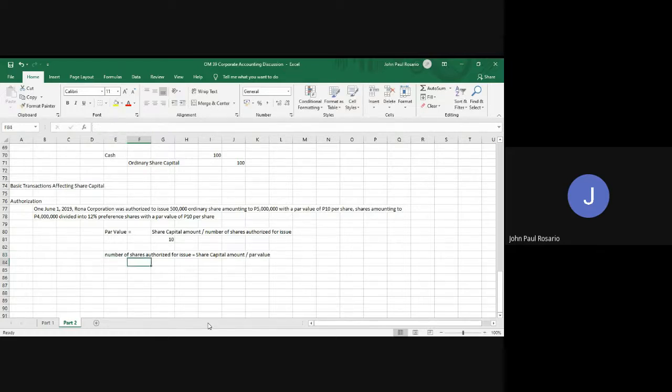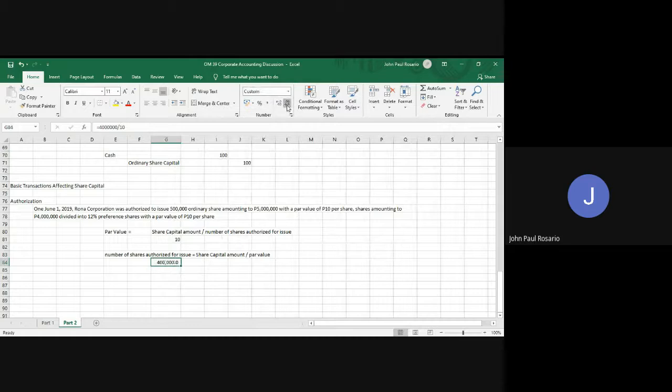In the case of the preference shares, the answer would be 4 million divided by the par value of 10, meaning your number of shares authorized for issue is 400,000. So what is your entry next?